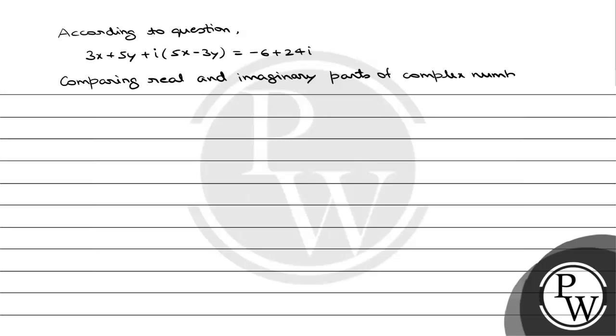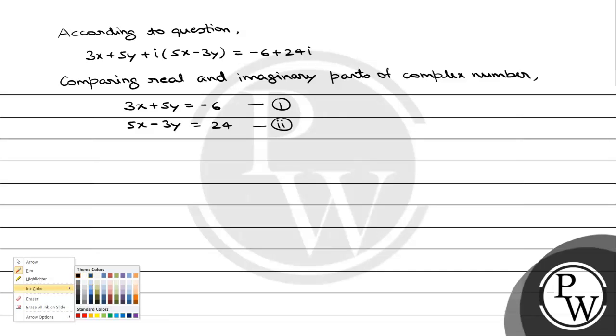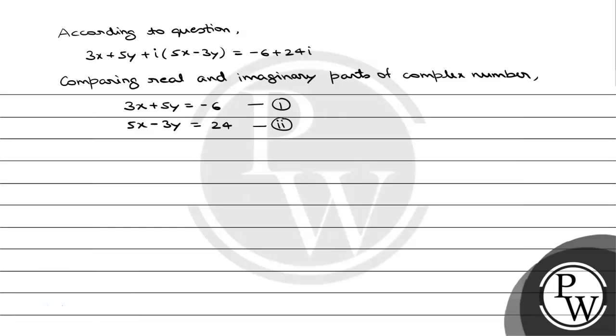To simplify this, what do we have to do? We have to compare the real part with the real part and the imaginary part with the imaginary part. So when we compare, we will get 3x plus 5y will be equal to minus 6 and 5x minus 3y will be equal to 24. Okay, when we compared the real and imaginary parts we got two equations. Let's take these as equation number 1 and equation number 2. Since we have to find out the values of x and y, we'll simplify these two linear equations.